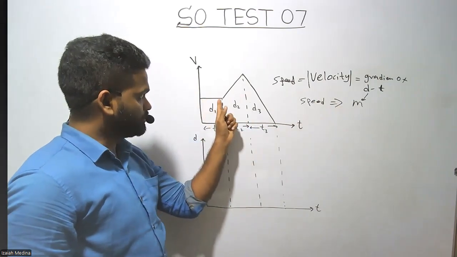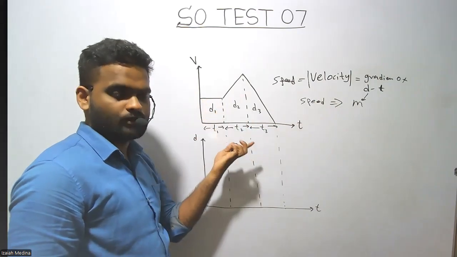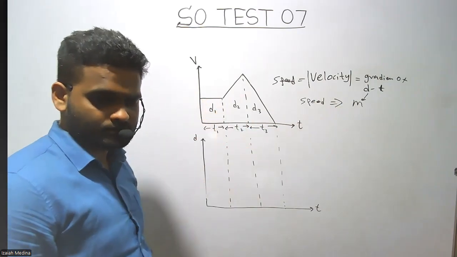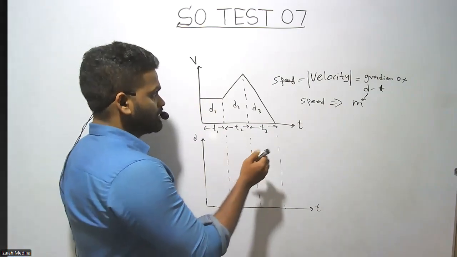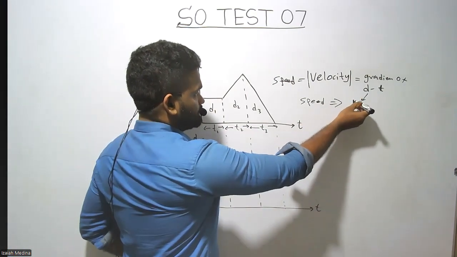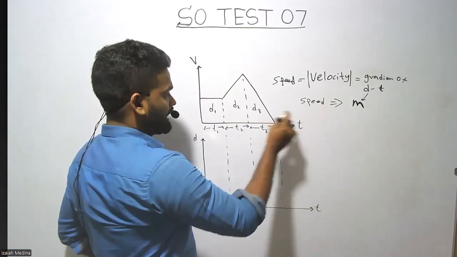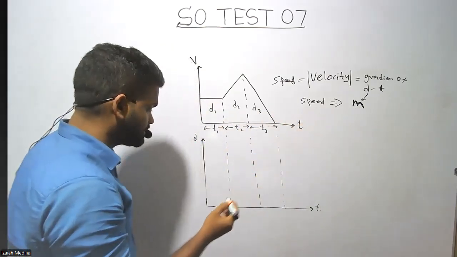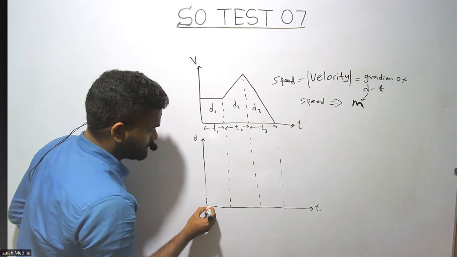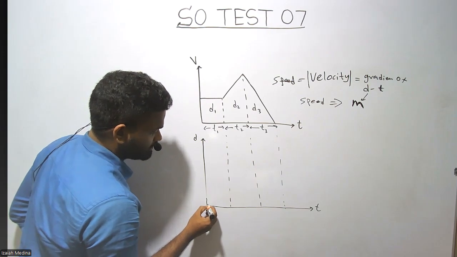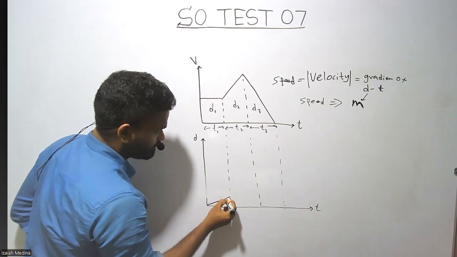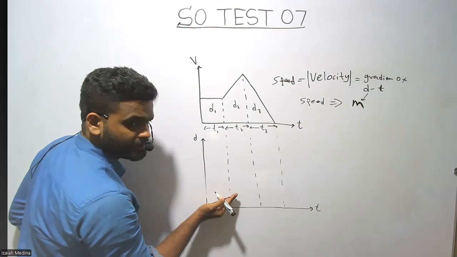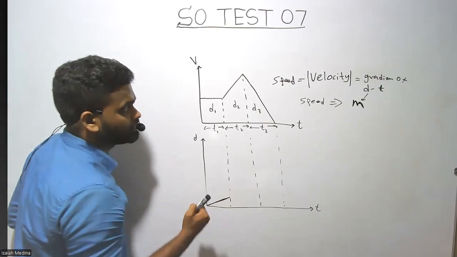Speed is obviously always positive, right? Doesn't become negative. So the gradient also is positive and constant. So a positive gradient is like this and constant. Positive gradient and constant. Okay.